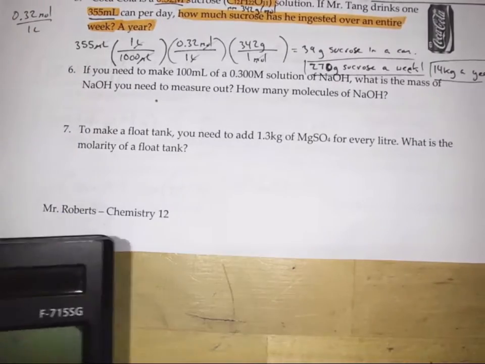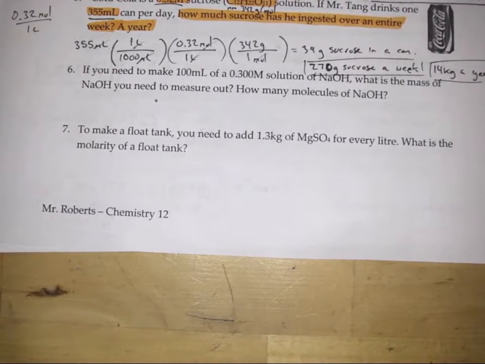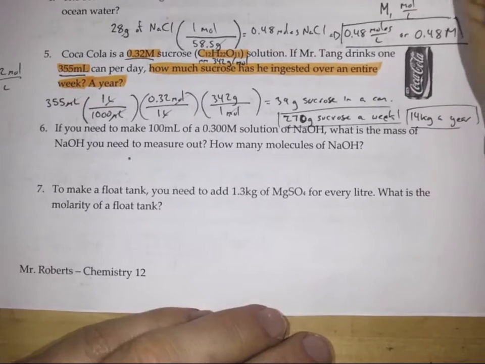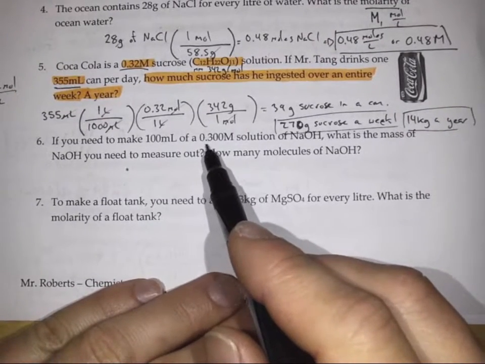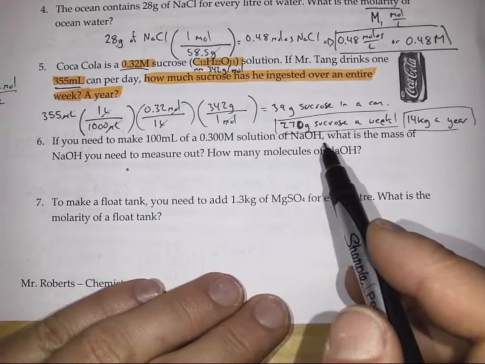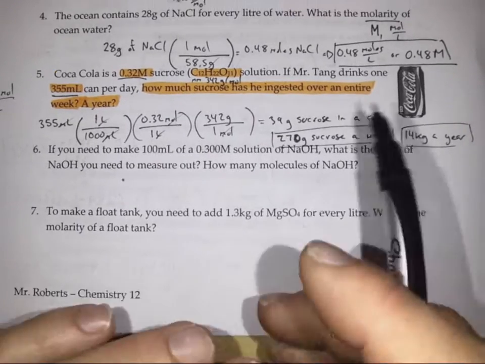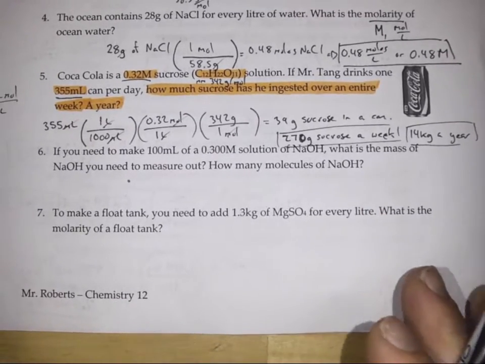All right, two more. So you need to make 100 mL of a 0.300 molar solution of sodium hydroxide. Okay, so let's take a second to read that more carefully.